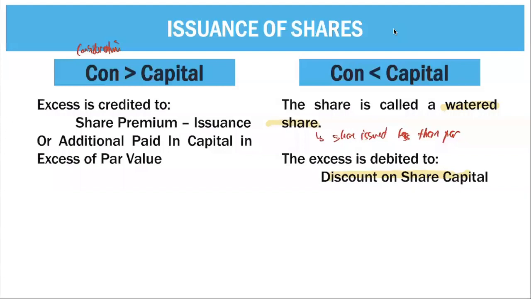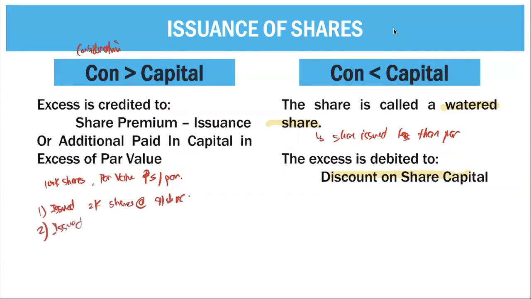So in our example, we have 100,000 shares authorized at par value of 5 pesos per par. That is the authorization. So, for example, issued 2,000 shares at 9 per share. Another example, issued 1,000 shares at 3 per share.